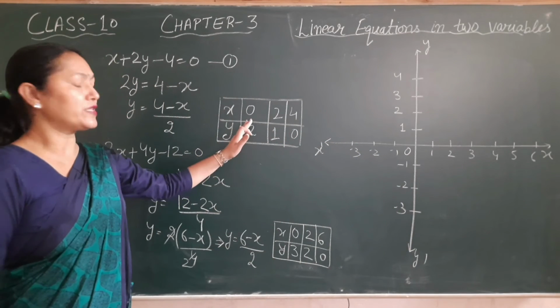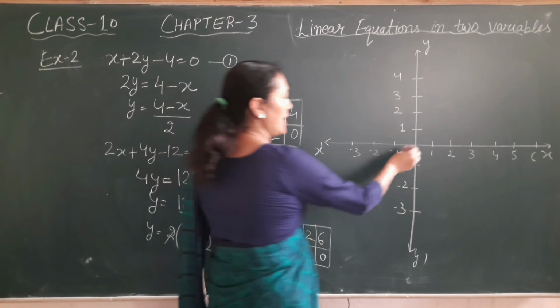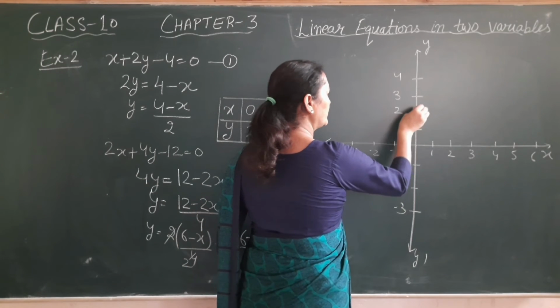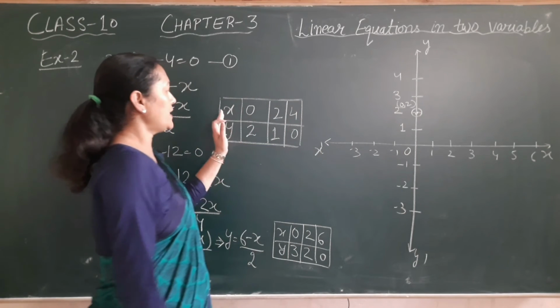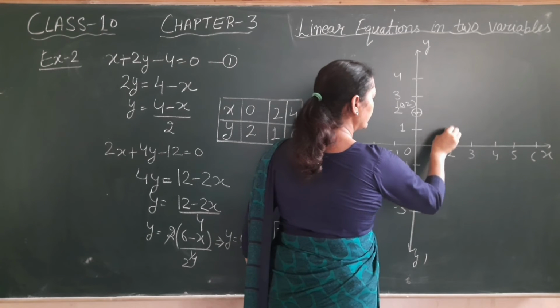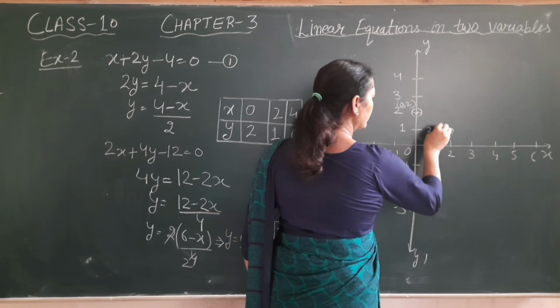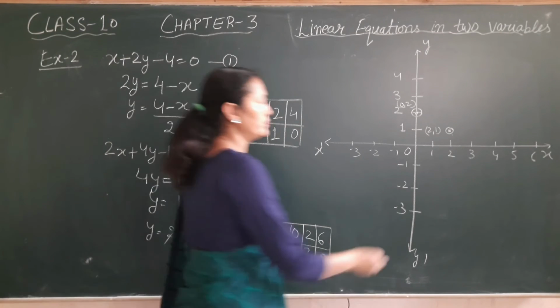Let us start plotting the points of the first equation. x0, y2, that is 0 and 2. x2, y1. x4, y0.